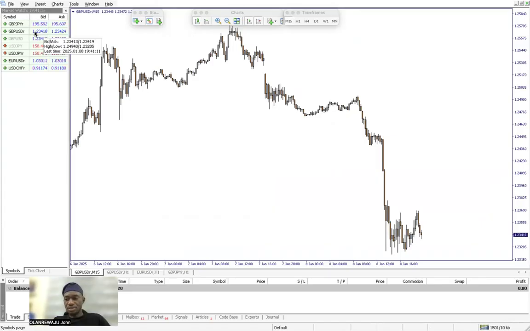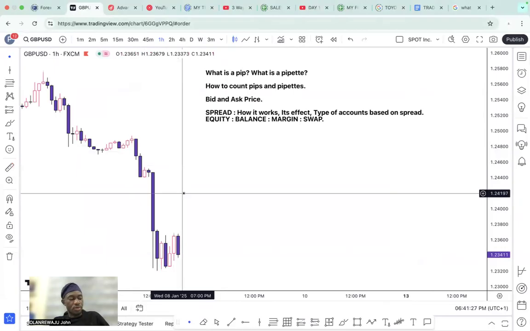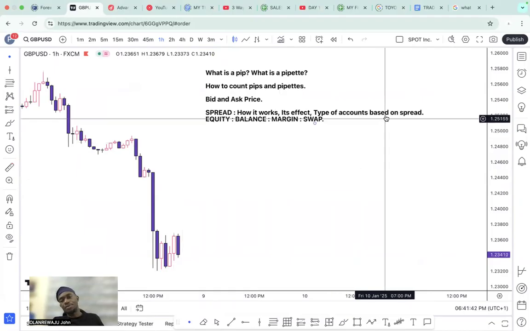Even over here, it is not written as a raised number, rather it is written as a whole number. However, what I want us to get is that currencies are usually quoted in four decimal places. That fifth one, in the form of a raised number, is what is called a pipette. Now, what is a pip?